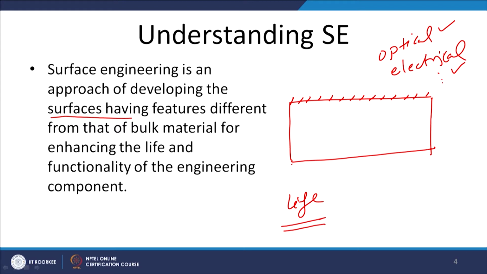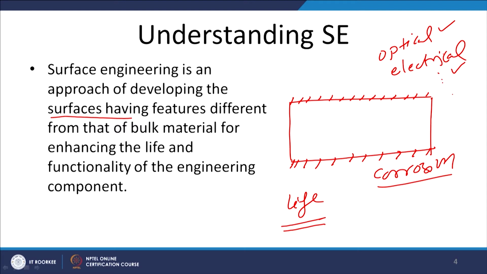Similarly, we apply the material at the surface in such a way that it offers better corrosion resistance. Corrosion resistance will improve the life of the product, while electrical, optical and mechanical properties, or application of coatings like thermal barrier coatings, will improve the functionality of the product.